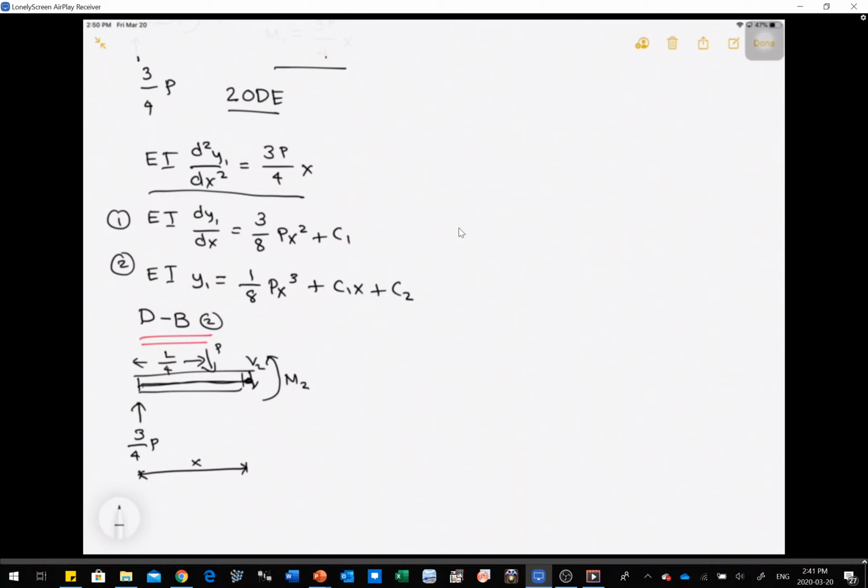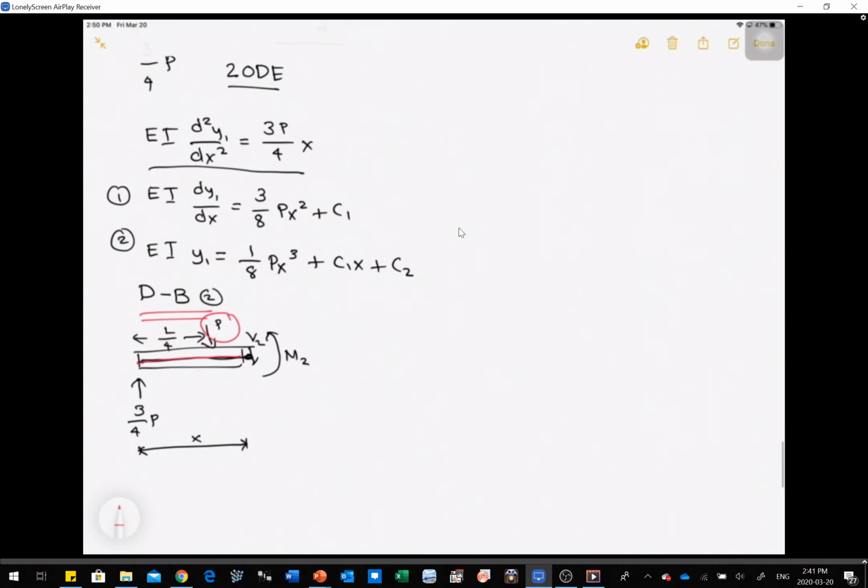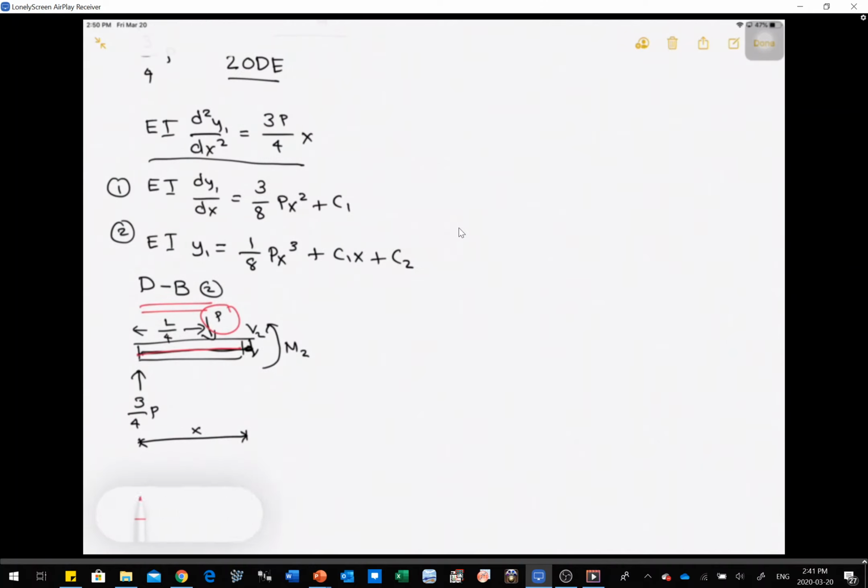How about calculating the moment produced by P right here? That's going to be x, the length of your whole beam, minus L over 4, times the value of your P. If I do that method, I'm going to get the equation of my moment, which we can call M2.